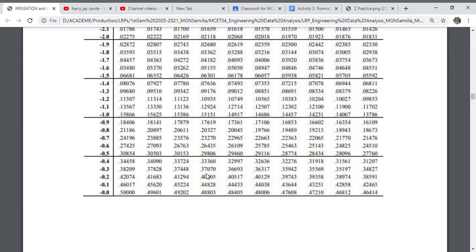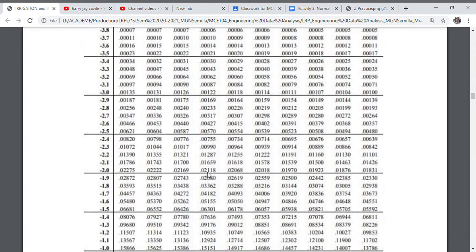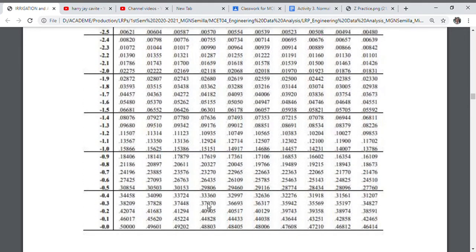I guess 0.370 is much nearer, so we use negative 0.33. So the Z at a probability of 0.37, or 37%, is actually equal to negative 0.33.